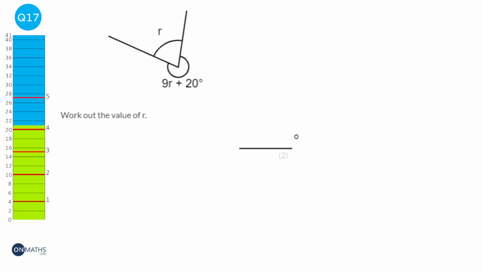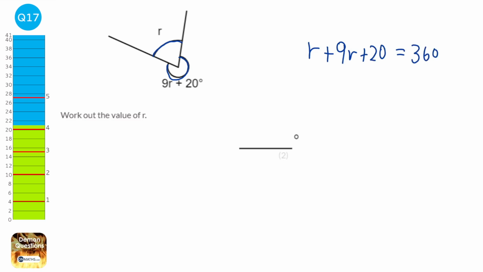So angles at a point add up to 360, and we are given the values of the angles, but in terms of r. So we know that r plus 9r plus 20 will equal 360. So we've got an equation here we can solve.